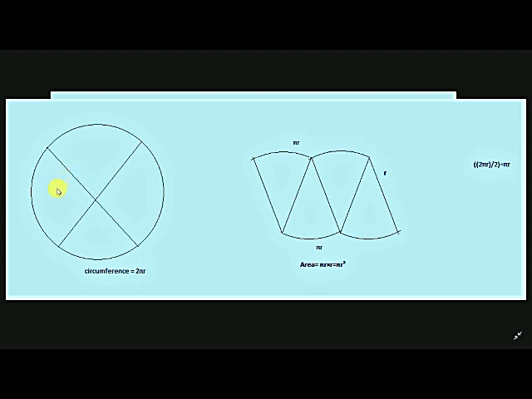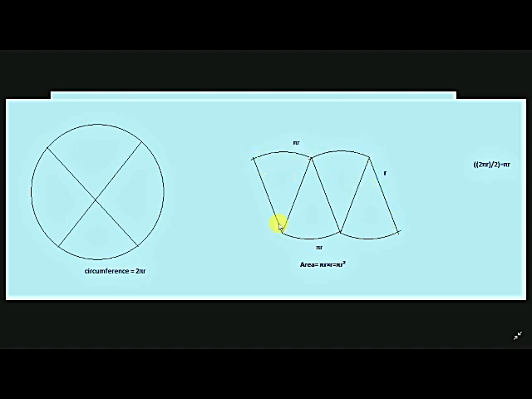You can see that the circle is divided into four parts. Each of the four parts is arranged in this way, so we get a figure like that. We all know that the circumference of the circle is 2 pi r, and if we divide this circumference into two parts, each will be pi r, and as the radius of the circle is r, here r is the radius.